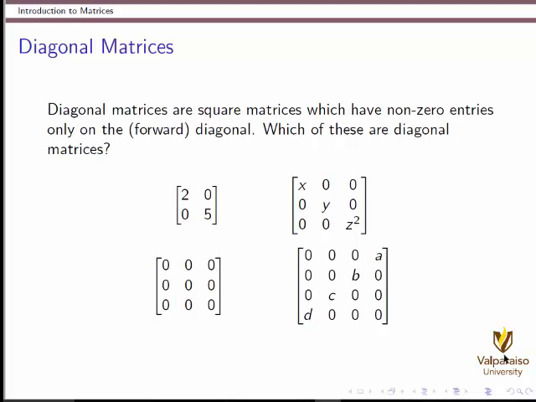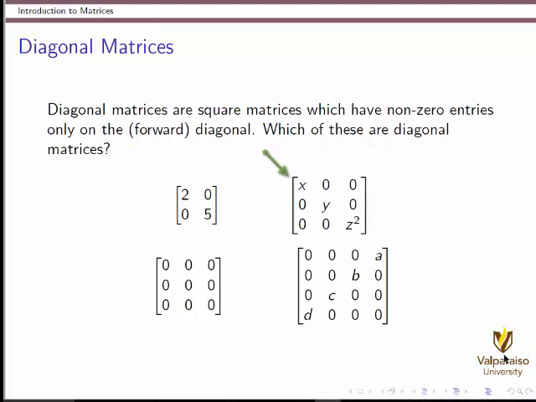A diagonal matrix is another special kind of matrix, and these are matrices that have non-zero entries only on the forward diagonal. That means upper left to lower right. So non-zero entries, or maybe even 0 entries on the main diagonal, but zeros everywhere else. So one of these on the screen is not a diagonal matrix. The first one is in the upper left-hand corner. The 2 and the 5 are on the diagonal. They're non-zero. That's great. Off the diagonal, zeros everywhere else.